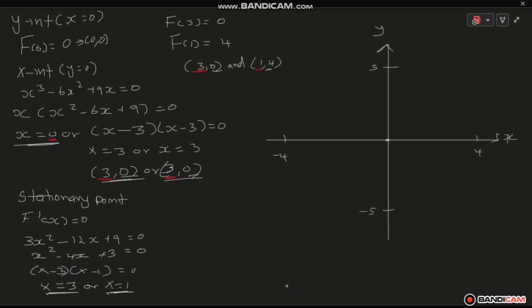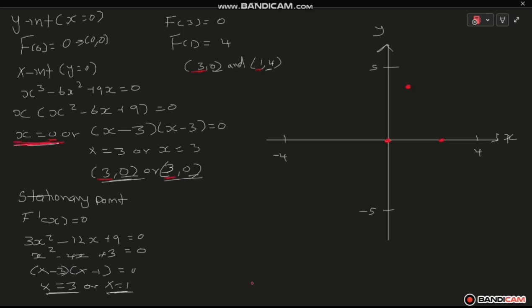Then let's try to plot here. We'll start with (0, 0) at the origin. Let's just use the red color. Then the second one, (3, 0), it's somewhere here. So (3, 0), we have 3 points here. Therefore, let's use (1, 4) because the 3 points are sharing the same location.